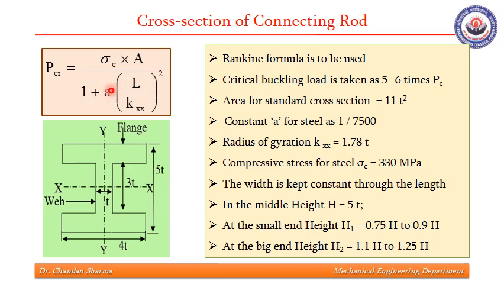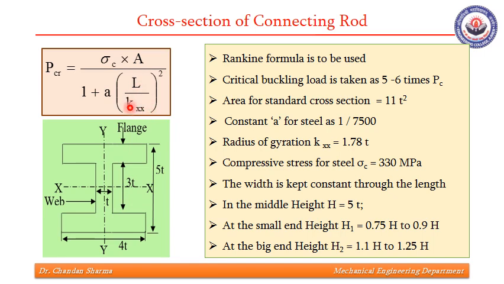For steel, its value is 1 upon 7500. L is the length and Kxx is the radius of gyration. Now, since we have decided the cross section beforehand, we just need to put in the values. For this cross section, the value of area is 11t square.